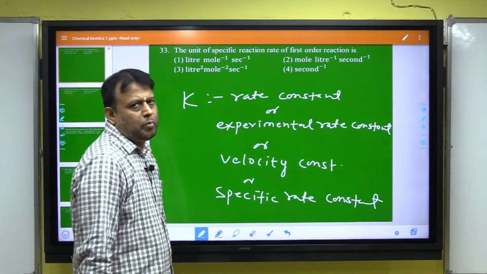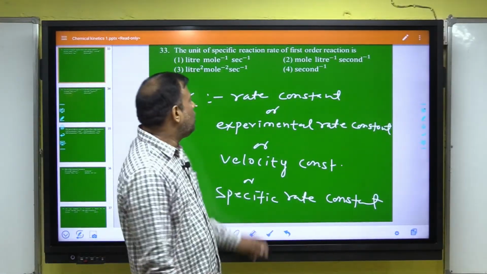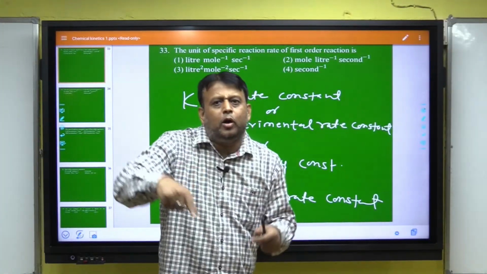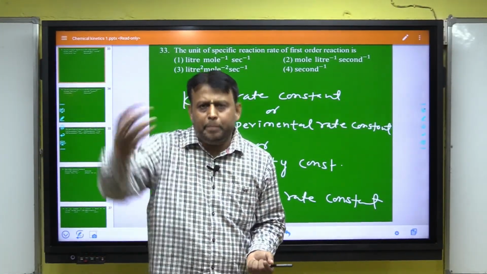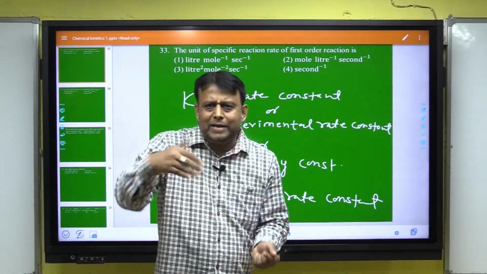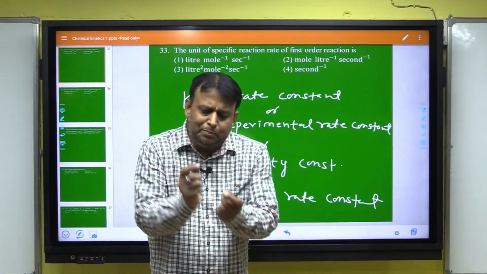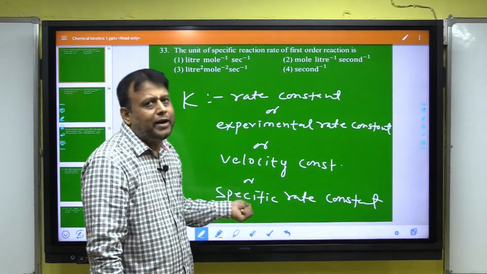Now, if it arises in your mind, why a specific rate constant? Because K has different unit for different order. For zero order, mole per liter per time. First order, time inverse. Second order, mole inverse liter time. That means it is specified for different order, and hence a specific rate constant.